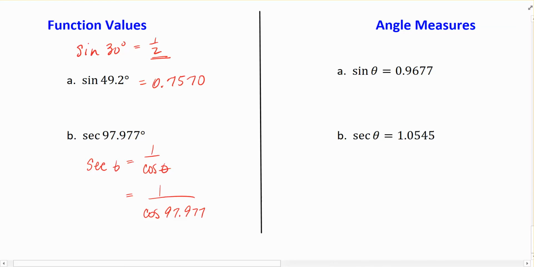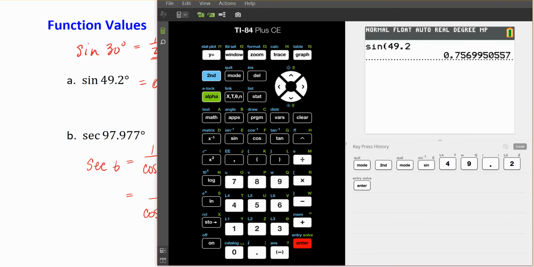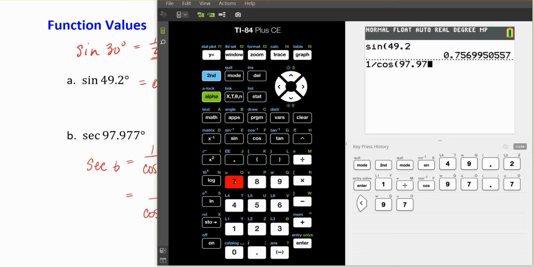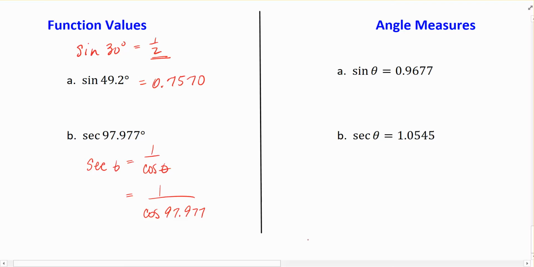So we use that concept in our calculator. To figure out the secant of our angle, 97.977, we're going to take 1 divided by the cosine of 97.977. Hit enter, and it returns a value of negative 7.2059.